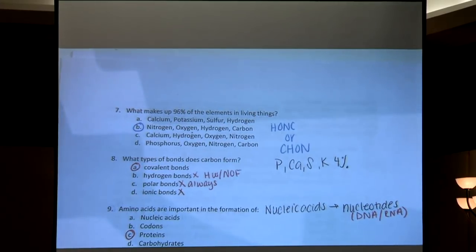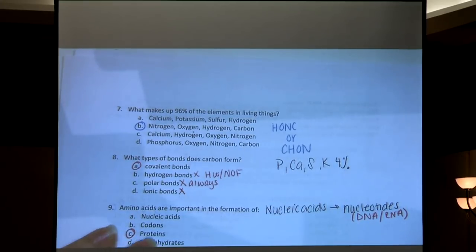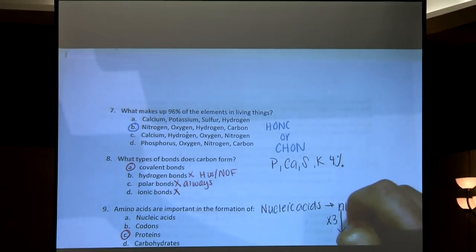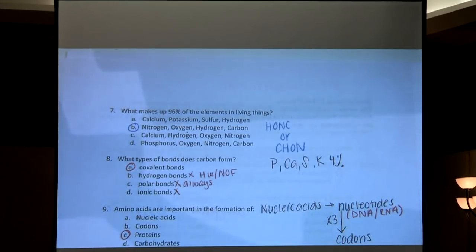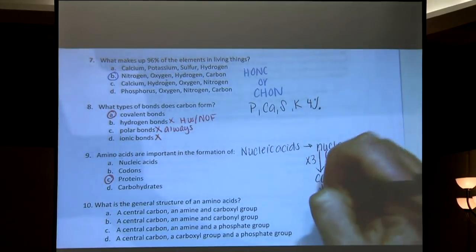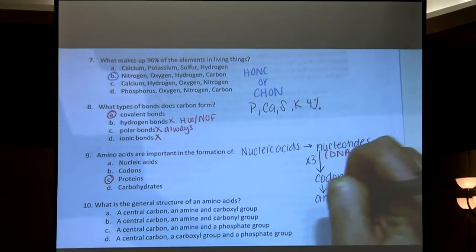And if we have 3 nucleotides, what do we call that? If we times that by 3, this can help us make our codons. And codons help us do what? When we go through our codons, these are going to help us create our amino acids.